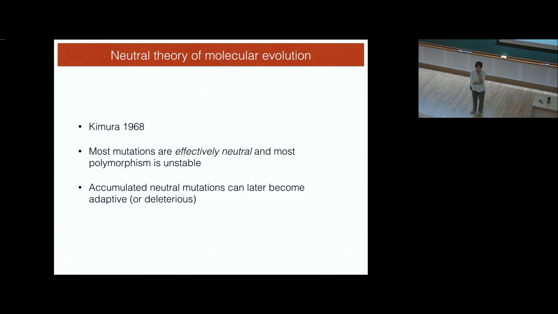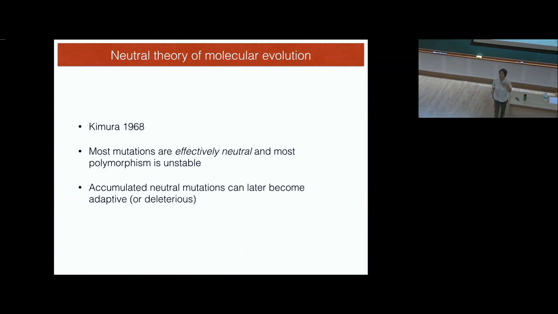Sorry, in case people didn't hear, the question is what about Ohta's work? Tomoko Ohta was Kimura's student, and she did a lot of work on this theory as well, to help understand it better, and she continues to work on this stuff. What Ohta proposed was that it's not that most mutations are absolutely neutral, but they are nearly neutral.